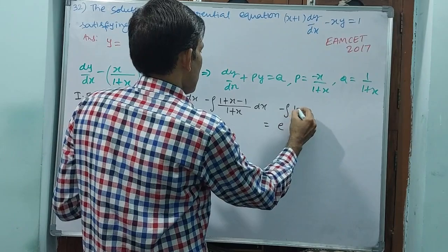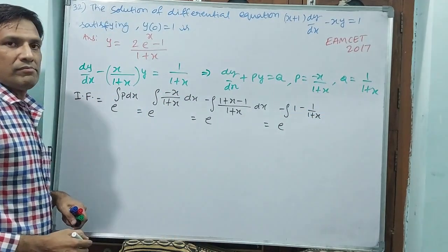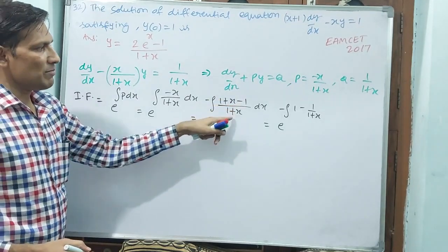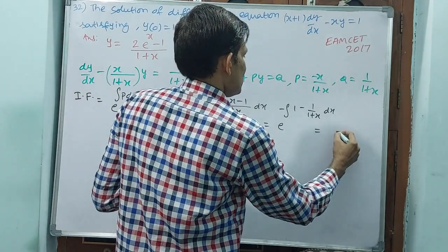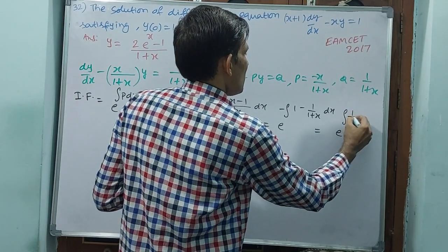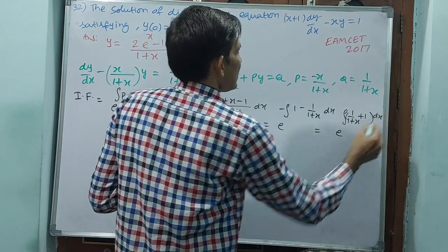Integral of 1 minus 1 by 1 plus x, minus 1 by 1 plus x. Again I will send the minus inside: e power integral of minus 1 by 1 plus x plus 1 dx. Is it okay?